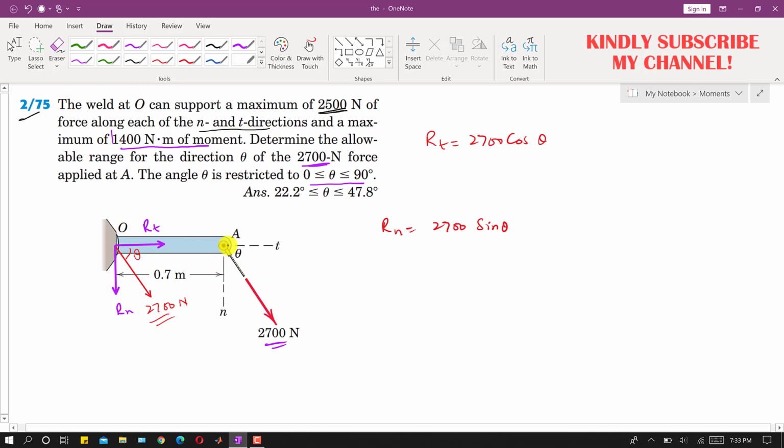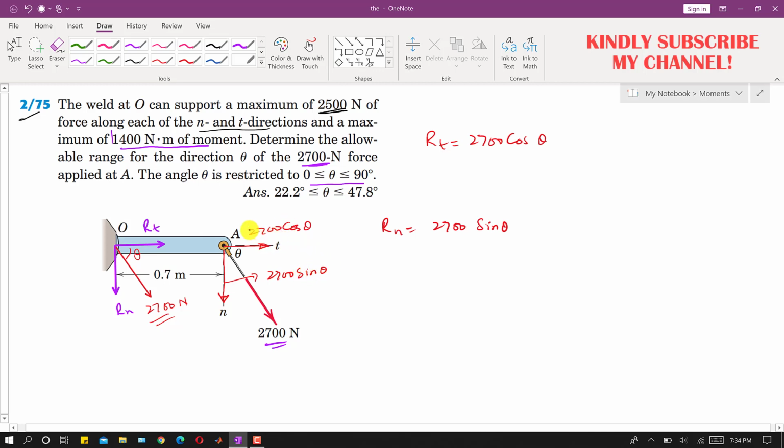And the moment produced by this 2700 Newton force at that point O, right? If we resolve this 2700 Newton force, again it will be that cos component, 2700 cos of theta, and then it will have one component acting in this direction, which will be the sine component, 2700 sine of theta.